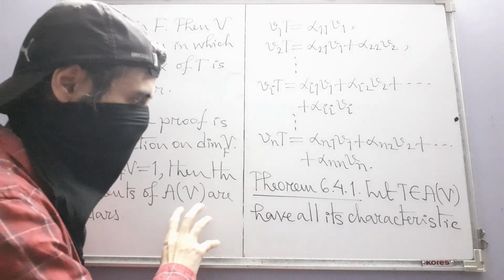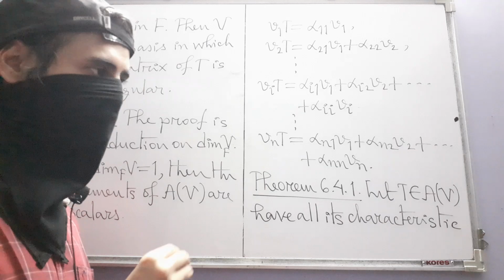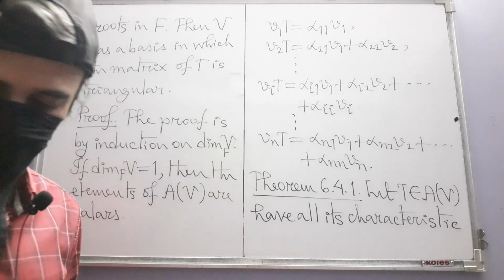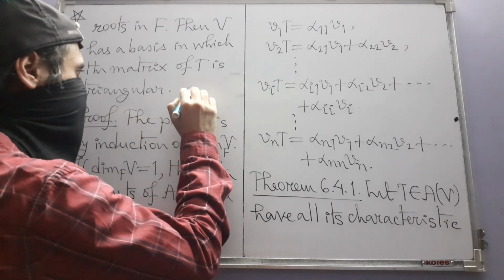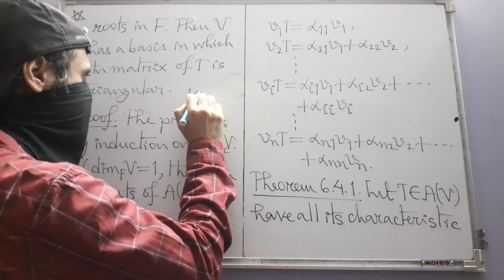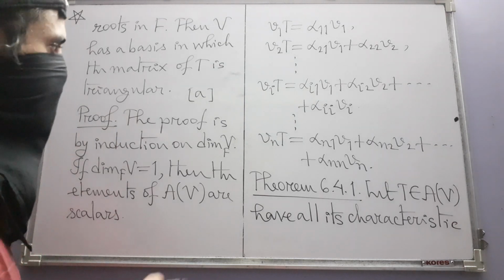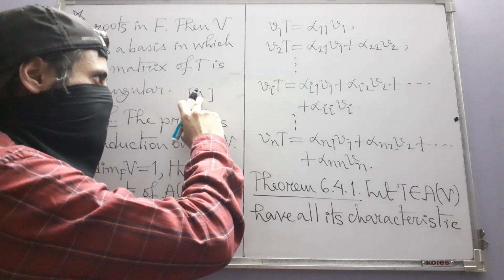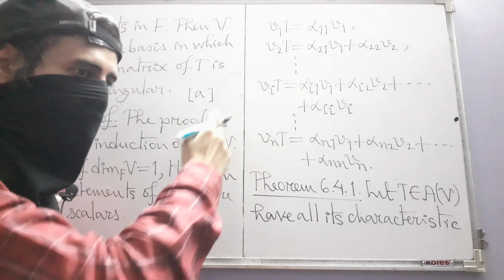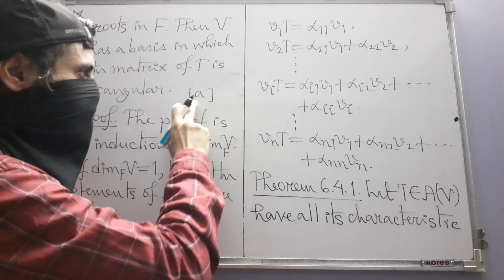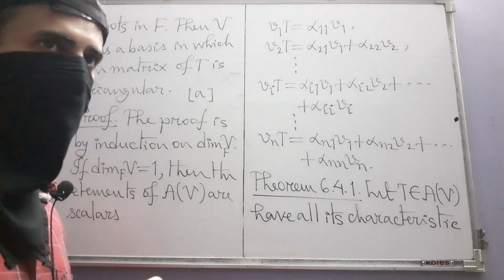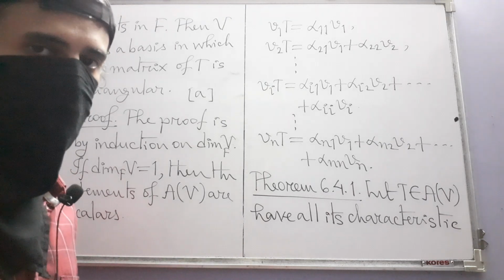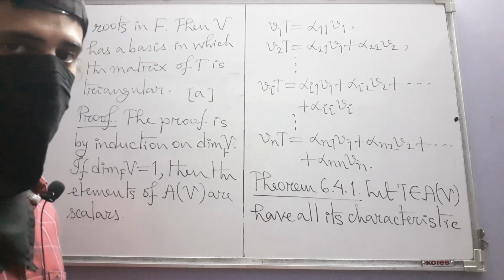The condition for a matrix to be triangular is vacuously true for a 1 by 1 matrix, because when you have a 1 by 1 matrix, say A is its only entry, then this itself is the diagonal. So there are no entries above the main diagonal, there are no entries below the main diagonal. So the condition that all the entries above the main diagonal be 0 is vacuously true in this case, simply because there are no such entries.